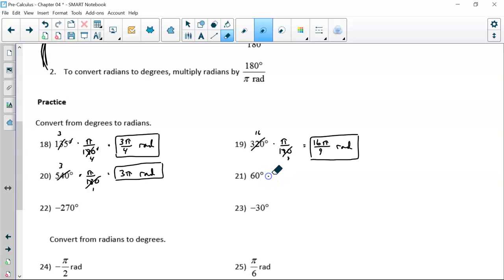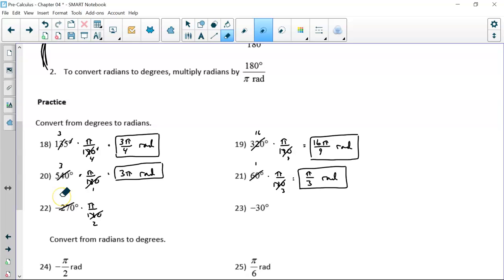60 degrees, multiplied once again by pi over 180. So they're both divisible by 60. 60 divided by 60 is 1. 180 divided by 60 is 3. So we end up with pi over 3 radians. Negative 270. So we're still multiplying by pi over 180. They're both divisible by 90. 180 divided by 90 is 2.